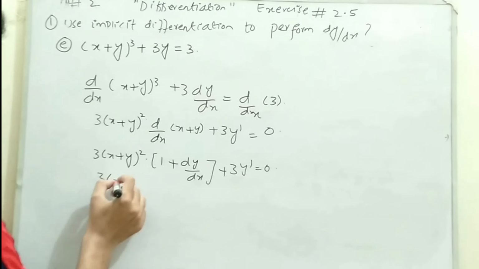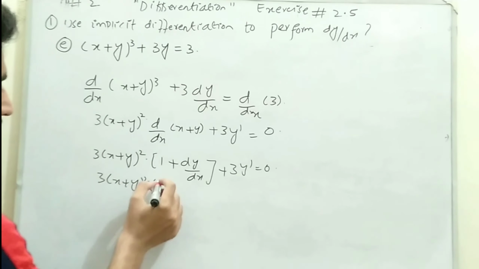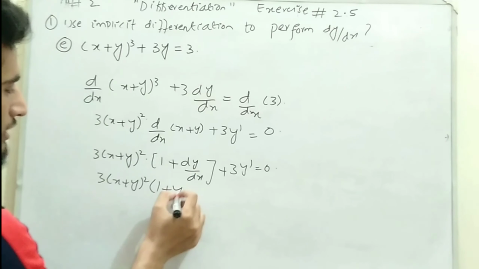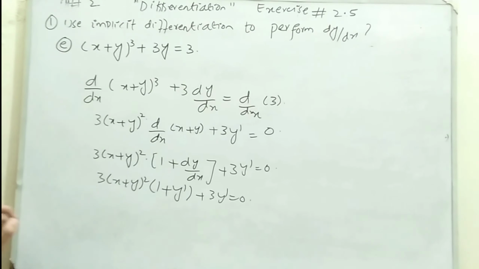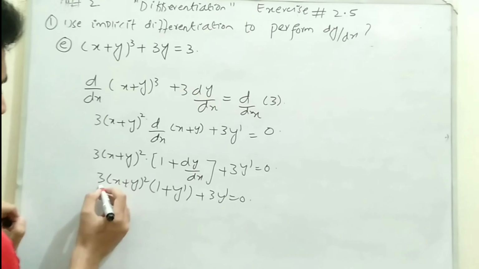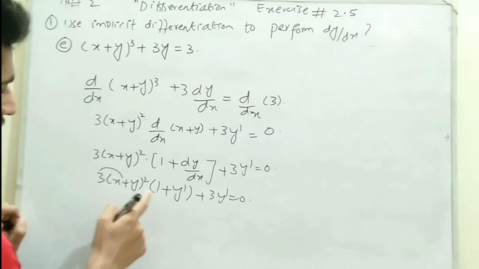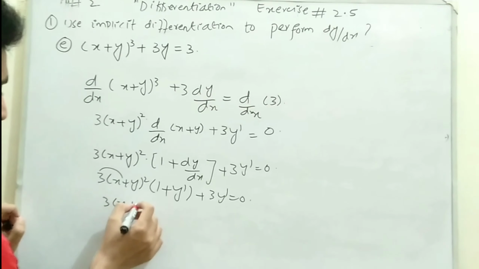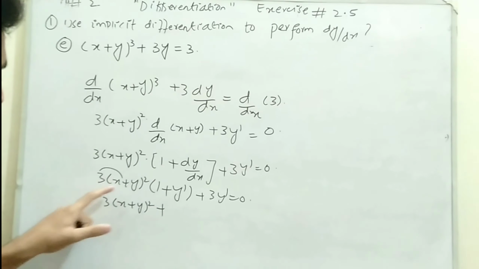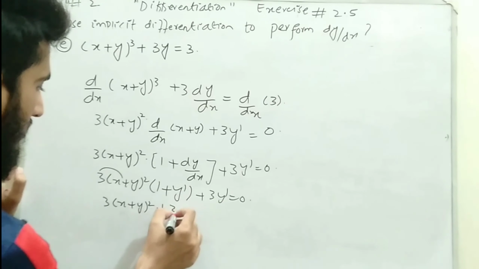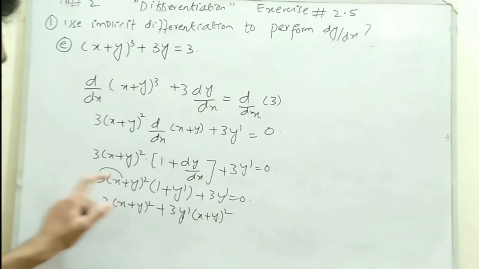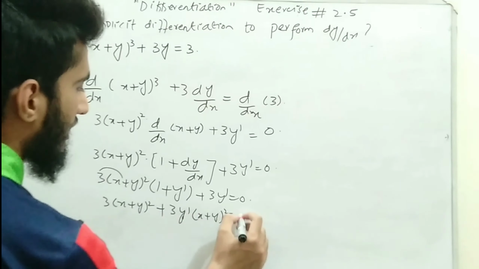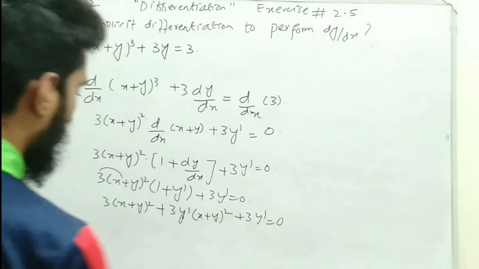Now this can be written as 3 multiply x plus y whole square multiply 1 gives us 3 into x plus y whole square, and plus 3 into x plus y whole square multiply y dash, which can be written as 3y dash into x plus y whole square, and plus 3y dash will be equal to 0.